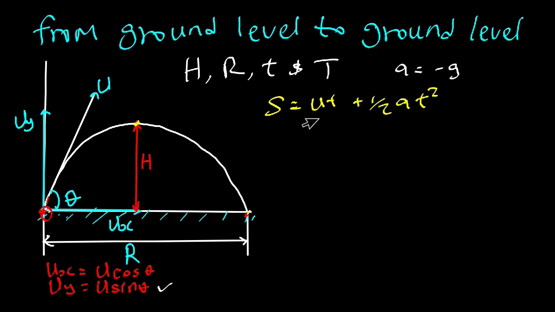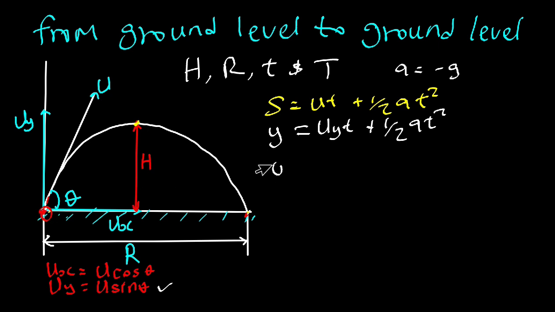So we can write this formula as y, because we are dealing with the vertical component of velocity and also vertical distance. So y here is equal to u_y multiplied by t plus half at square. This y here is 0, right?